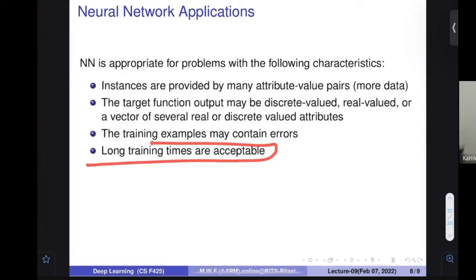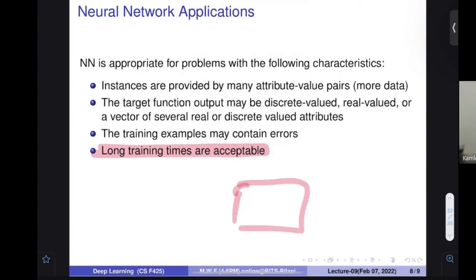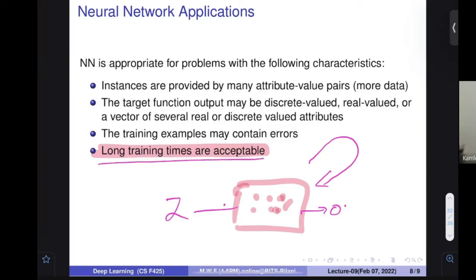Long training time is acceptable. That is a very important point. If you are going to develop a neural network based system, the network architecture that you make for the input and output pairs takes a long time to train because multiple iterations are needed. We call them epochs. So multiple times you need to train, and it takes a long time for the training.